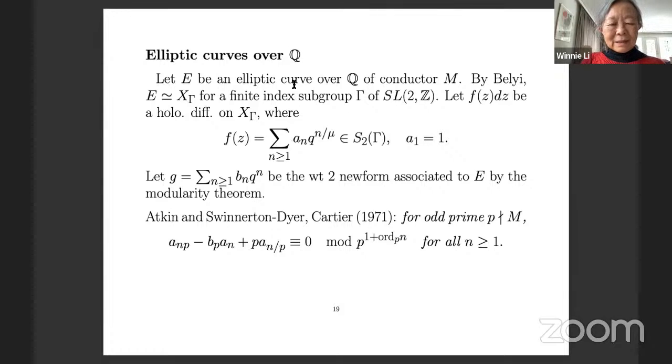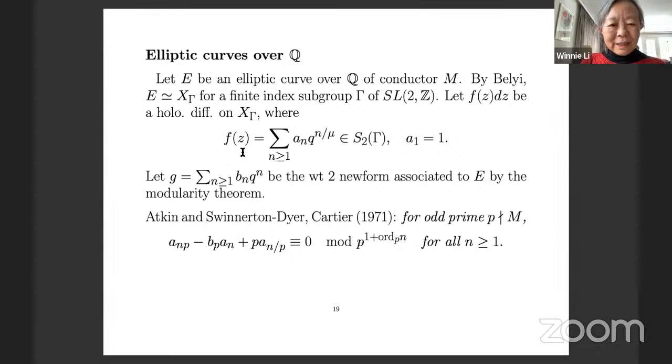On the other hand, this E is an elliptic curve defined over Q. So the modularity theorem tells us that its Hasse-Weil L-function comes from a newform. We call it g, with Fourier coefficients b_n. Okay. So it was shown by Atkin and Swinnerton-Dyer and also Katz and Scholl that we have no idea about the behavior of the Fourier coefficients of non-congruence forms because there's no Hecke operator.